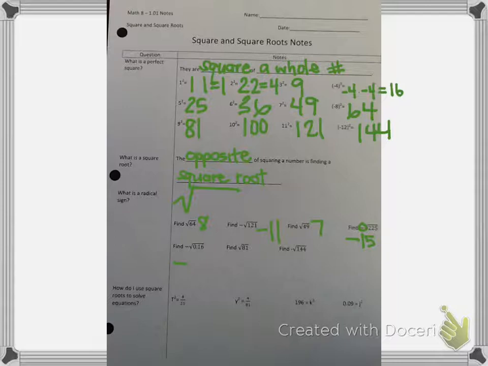And 0.16 is literally just going to be 0.4 times 0.4. Square root of 81. 9 times 9 makes 81, so 9 is my answer. And the last one, the square root of 144. 12 times 12 makes 144, so 12 is my answer.